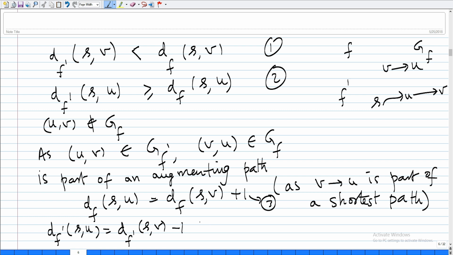So, but df prime SV is strictly less than df SV minus 1. Okay. But df SV minus 1 is nothing but df SU minus 2, because from 3, df SV is df SU minus 1. So, I have some contradiction here because I proved that df prime SU is strictly less than df SU minus 2, contradicting 2.